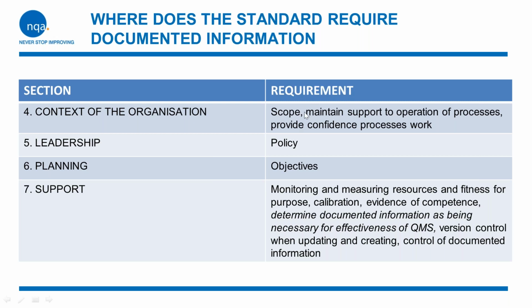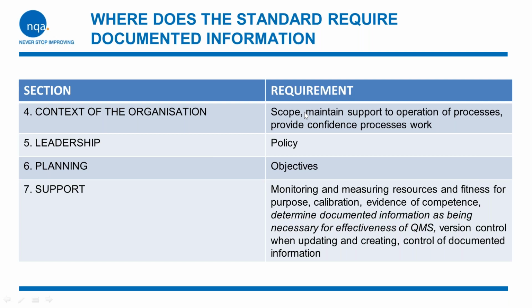So your scope is what you'll find on the certificate when you register for your standard, and we come out and assess you. We are assessing you against that scope. You'll find it in the bold letters next to 9001 on your certificate, and you must have that documented somewhere within your system.